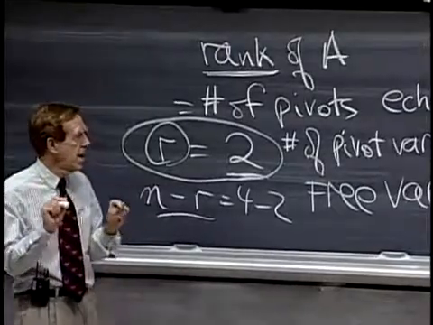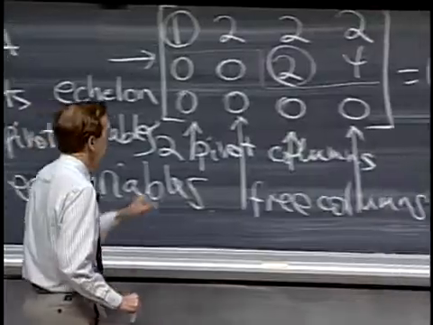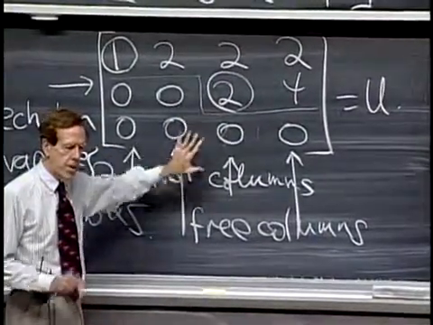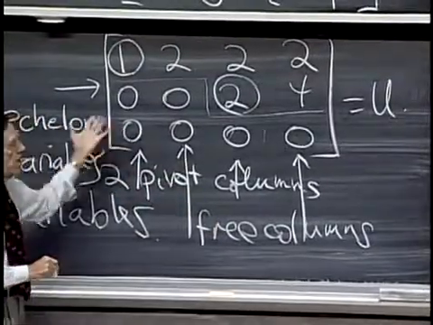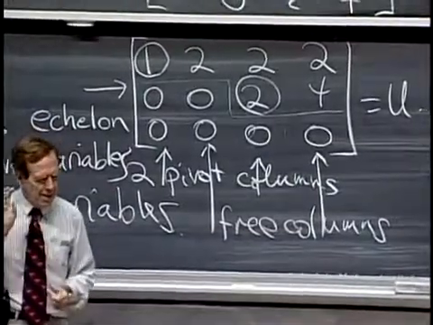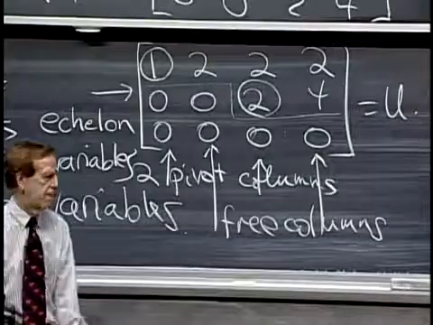I would like to take one more step. I would like to clean up this matrix even more. So now I'm going to go to, this is in echelon form, upper triangular if you like. I want to go one more step to make it as good as it can be.